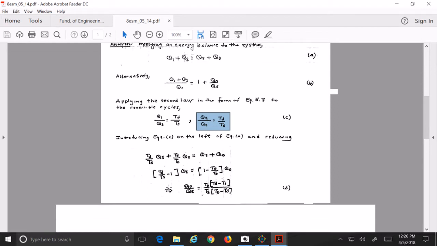So TD S. Oh, I got it now. No, I got exactly how they do it now.